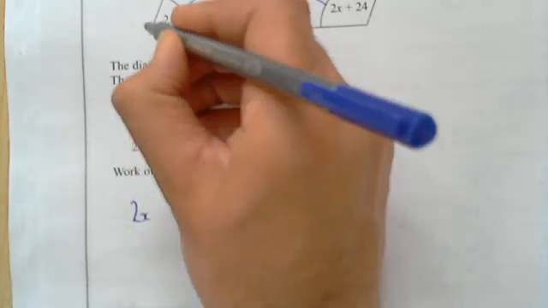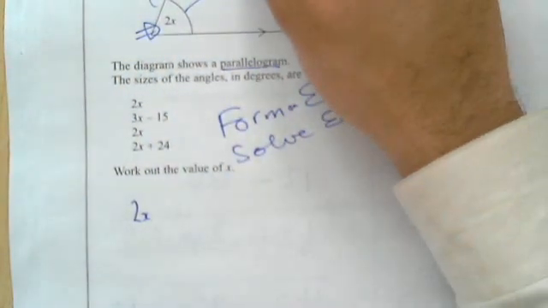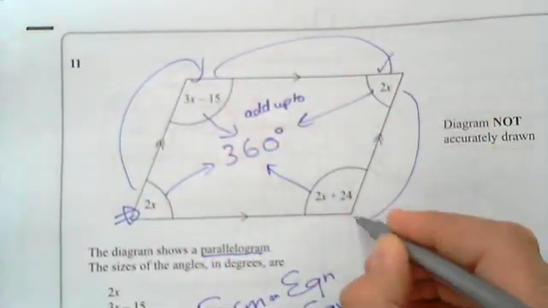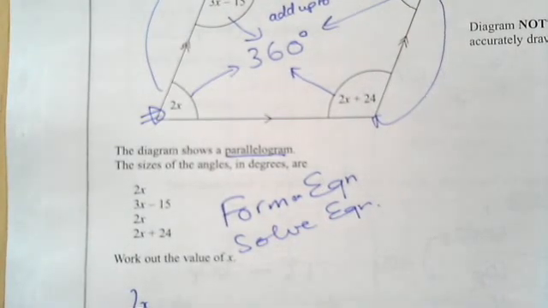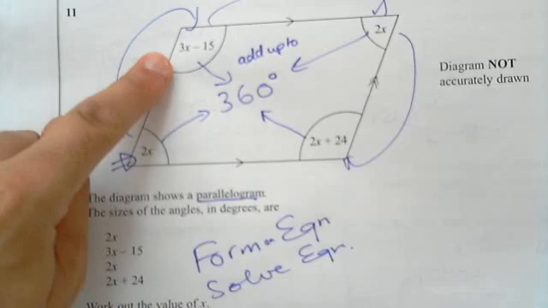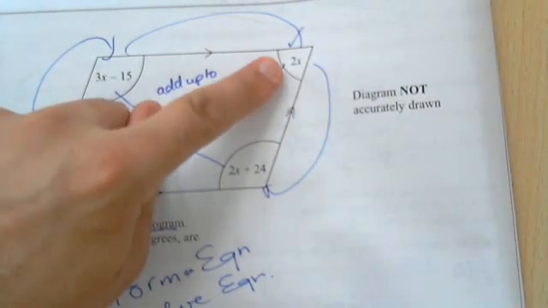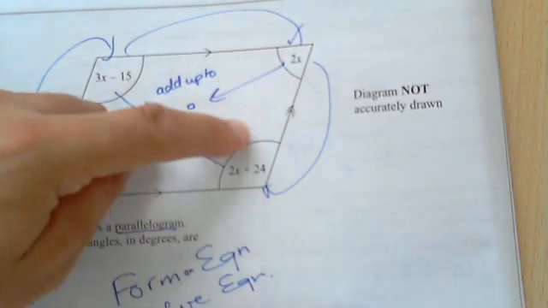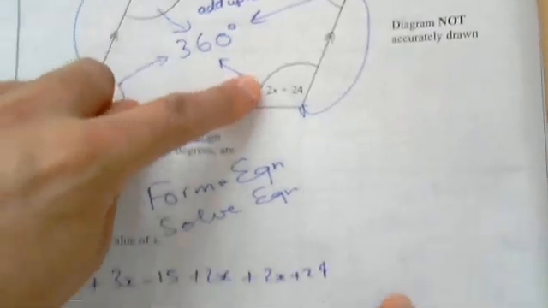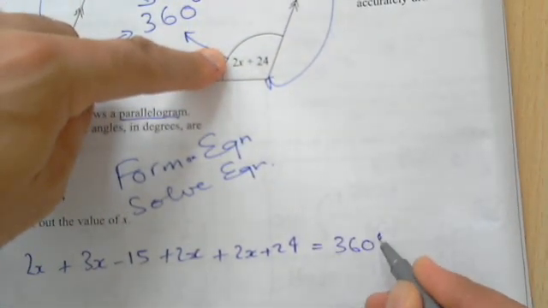So we can say, start from here, 2x plus 3x minus 15 plus 2x plus 2x plus 24 is equal to 360.